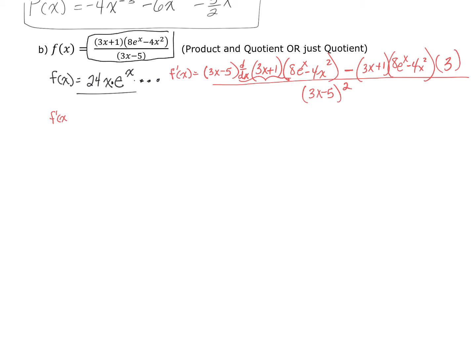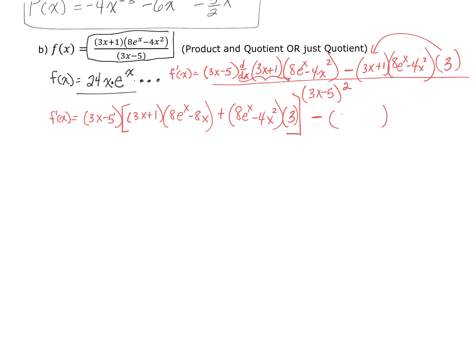So we have f prime of x equals 3x minus 5. And then we're going to multiply first times the derivative of the second, 8e to the x minus 8x, plus the second, 8e to the x minus 4x squared, times the derivative of the first, minus, I am going to distribute this 3, 9x plus 3 times 8e to the x minus 4x squared.